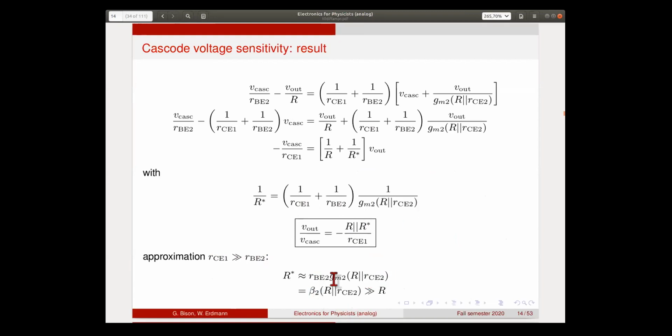Sorry, GM2 times RBE2 is beta. And this term remains. But the end result is typically something much, much larger than R, because RCE2 is typically larger than R. So multiply this by the beta of the transistor, which is of the order of 100 or so. We get something that is much larger than R, and we can, to a good approximation, say that this is simply minus R over RCE1.